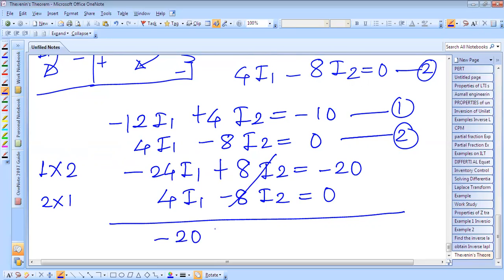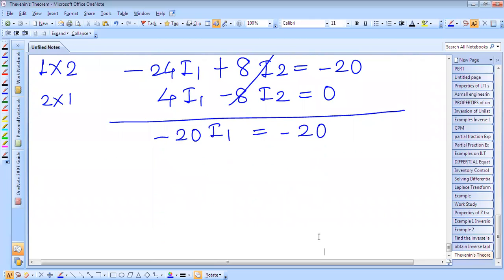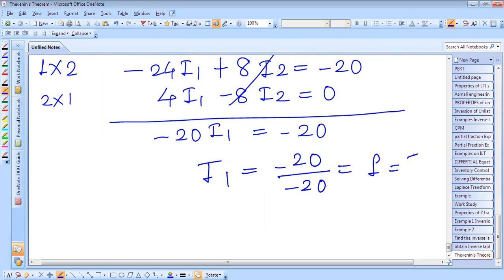There will be minus 20I1 is equal to minus 20. So I1 is equal to, here we will get minus 20 divided by minus 20, so the answer is 1. So we got I1 equal to 1.